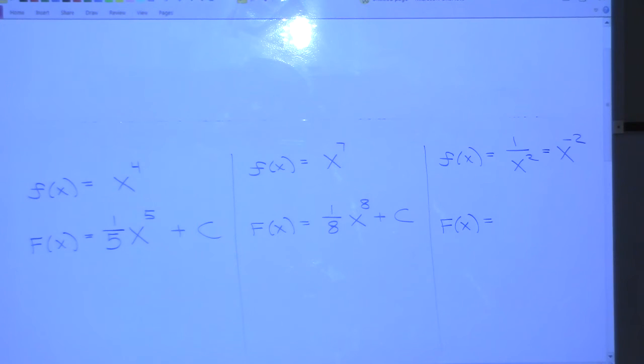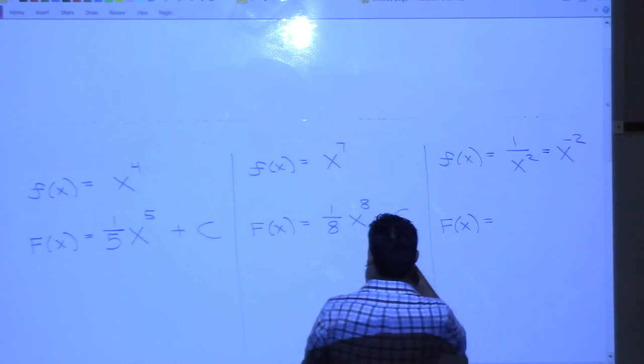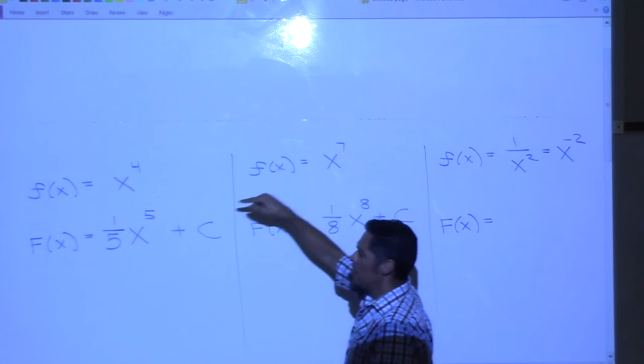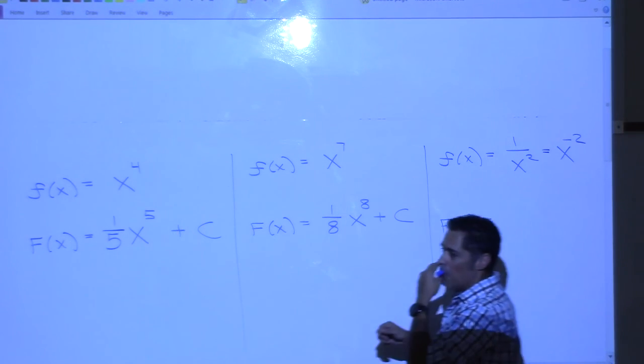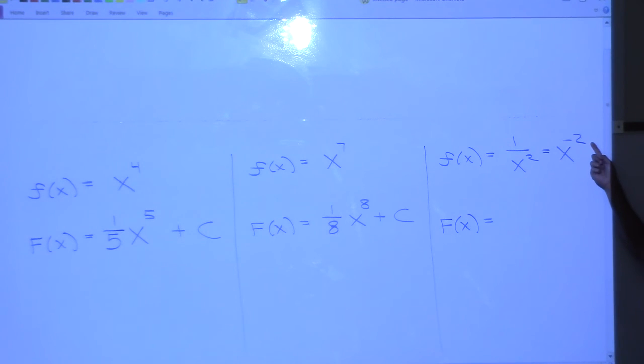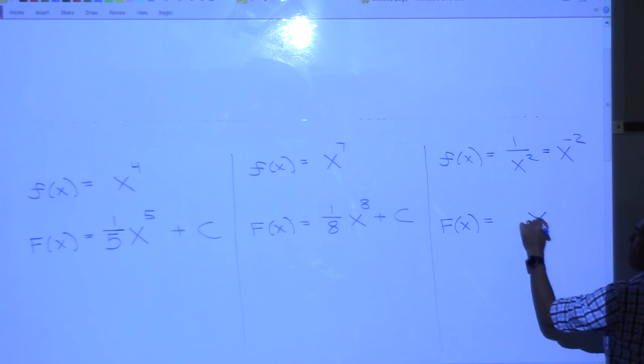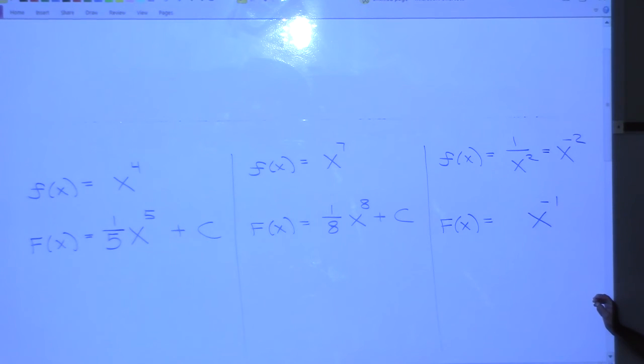Because we know the power we're going to subtract when we take the derivative, right? Like here, the 8 became 7, we subtracted 1. 5 became 4, we subtracted 1. We want to be able to subtract 1 and get negative 2, which means we're going to have to start at negative 1. But when we do that, the negative 1 is going to come out. And we don't want that negative 1 there, do we? We just want a 1 in front. So just put a negative 1 in front. Would you all agree? Yes.